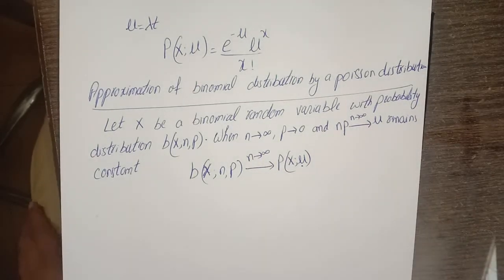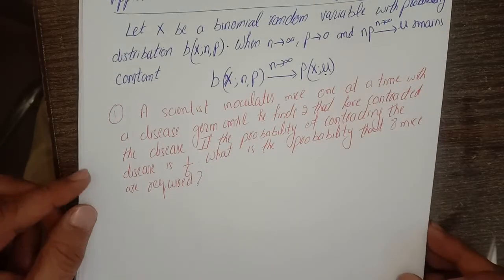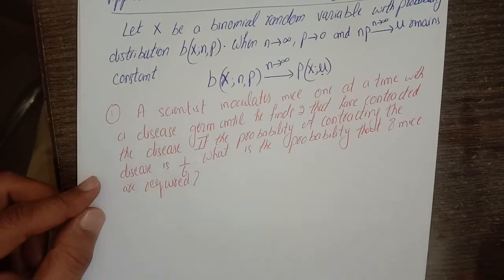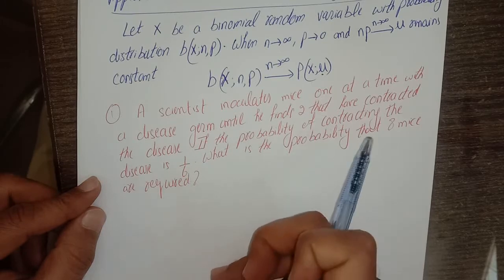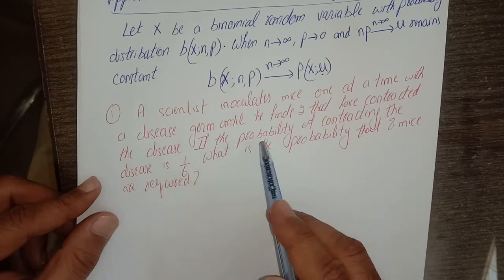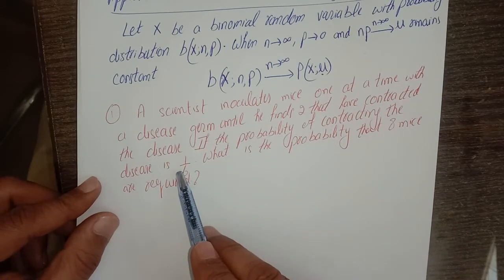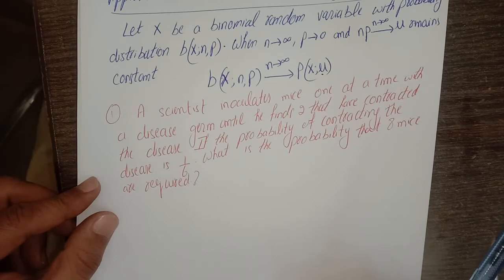Now let us look at some numerical problems to give a clearer understanding of these concepts. This is the first numerical. A scientist inoculates mice one at a time with a disease germ until he finds two that have contracted the disease. If the probability of contracting the disease is 1 by 6, what is the probability that 8 mice are required?